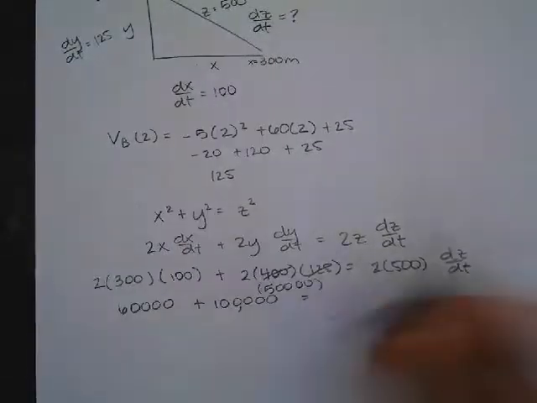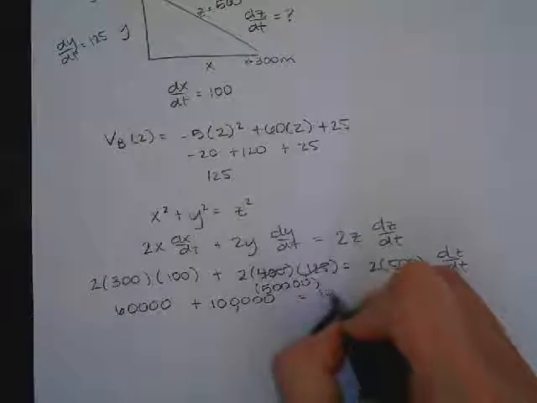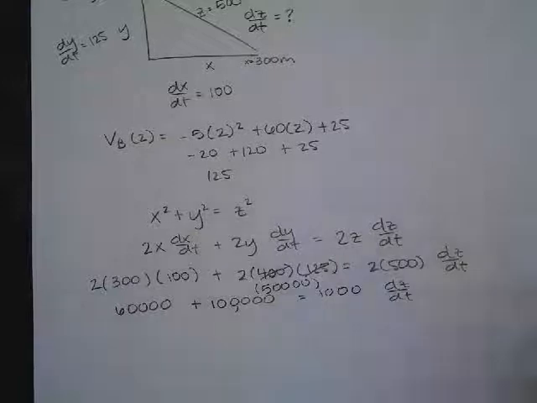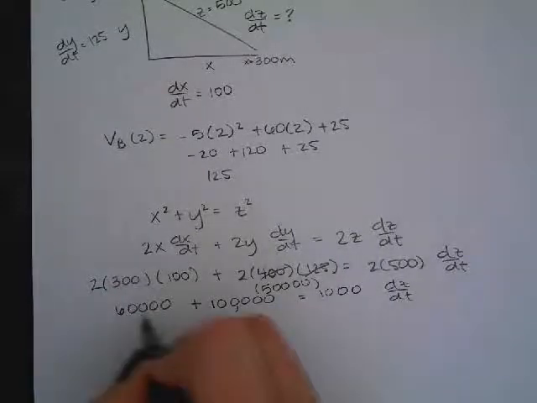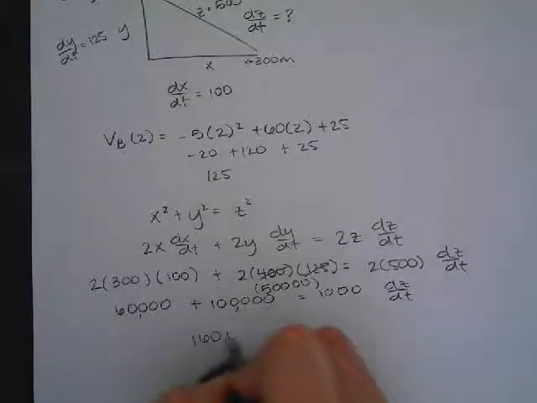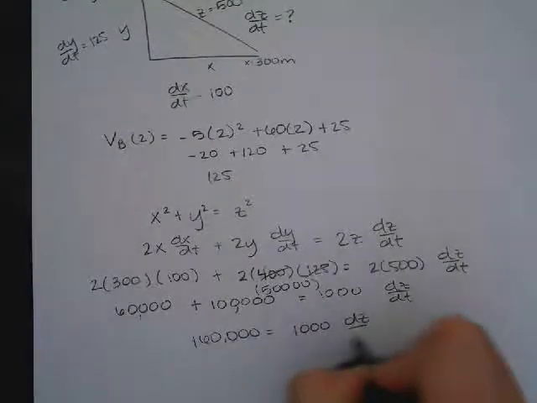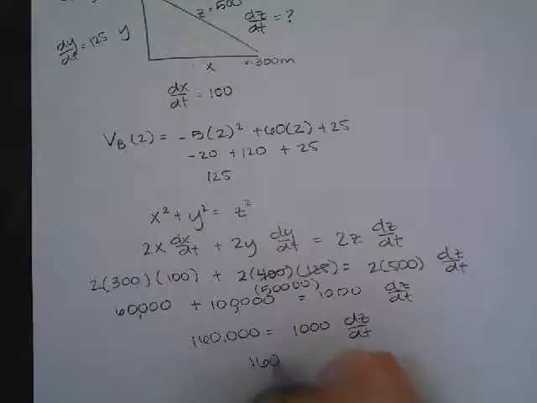So that equals 100,000. Okay, so we've got 100,000 plus 60,000 is 160,000. Divide by 1,000, we get 160.